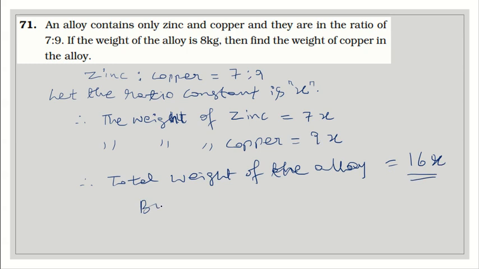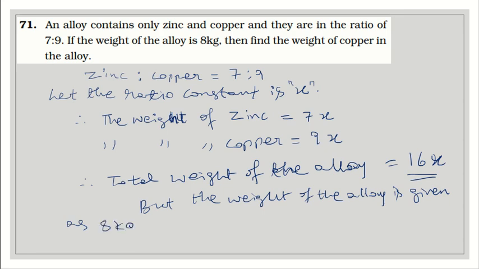But the weight of the alloy is given as 8 kg. Therefore, 16x equals 8 kg, which implies x equals half a kg.